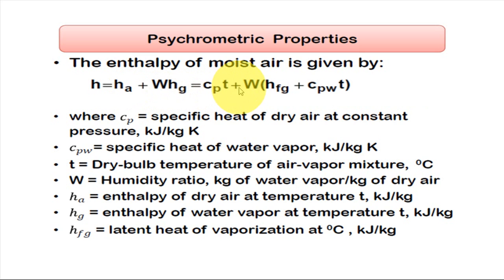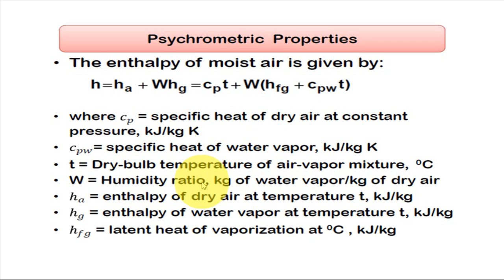H is equal to CPT plus W into bracket HFG plus CPW into T, where Cp is the specific heat of dry air at constant pressure, Cpw is the specific heat of water vapor, and small t is the variable temperature of the air-vapor mixture.